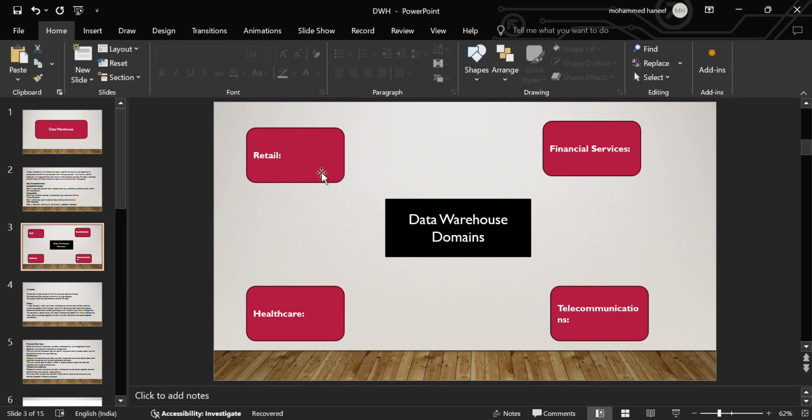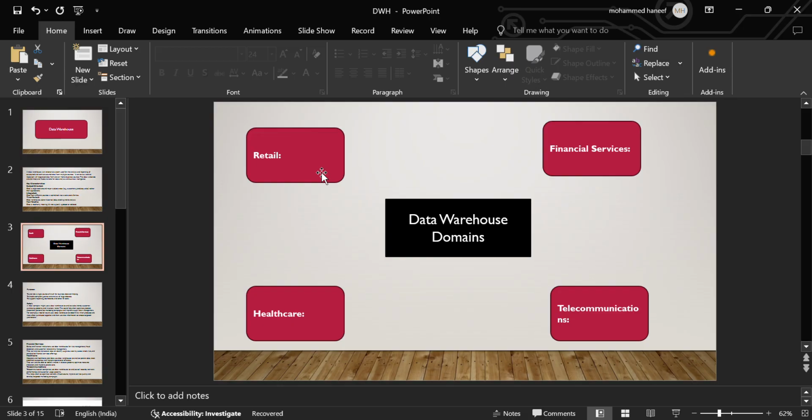In the market you might have seen Jio, Airtel, and different networking companies, so that comes under telecommunication. In healthcare we have those who provide health insurance. We have banking domains, for example SBI, Union Bank, and ICICI Bank.